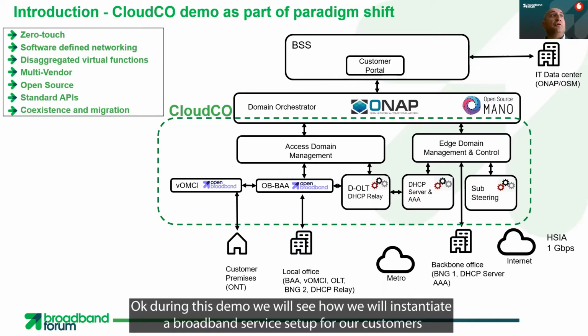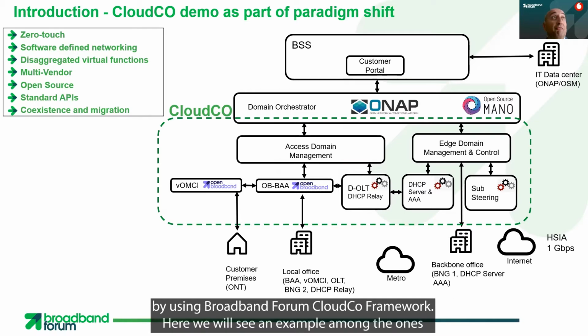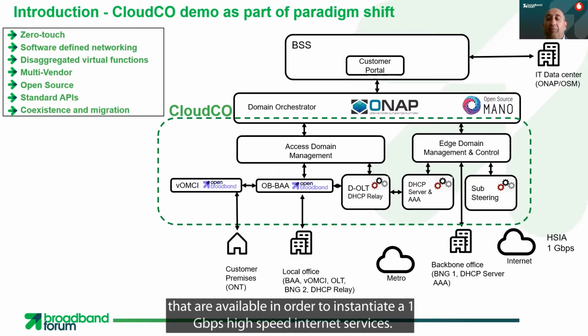During this demo, we will see how we will instantiate broadband services towards our customers by using a Broadband Forum CloudCO framework. Here we will see an example among the ones that are available in order to instantiate a 1 gigabit high-speed internet service.